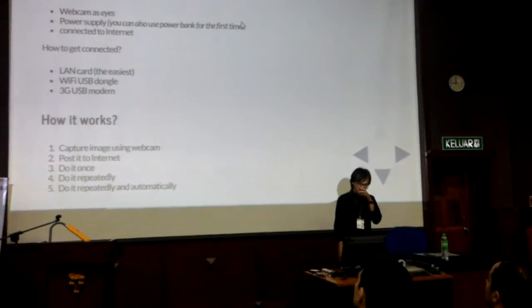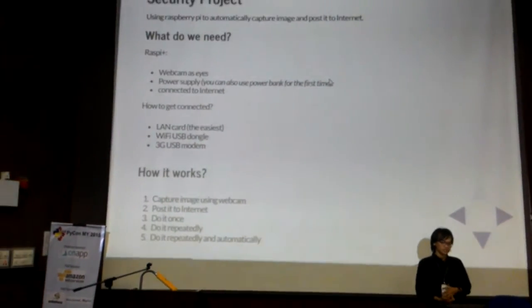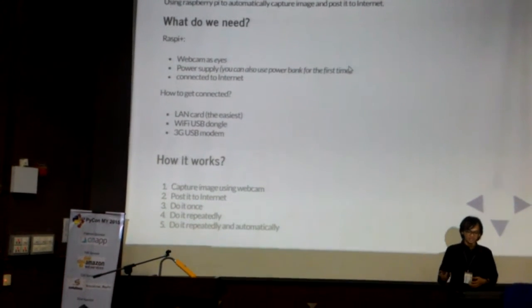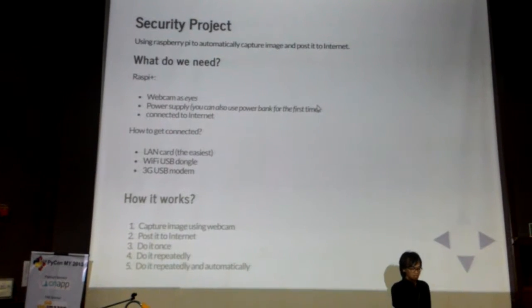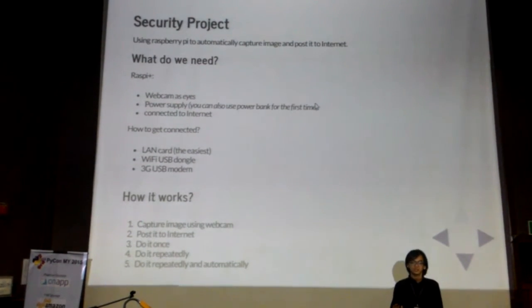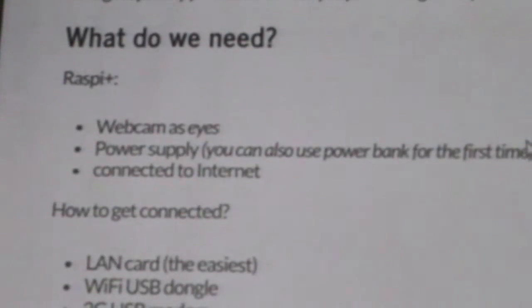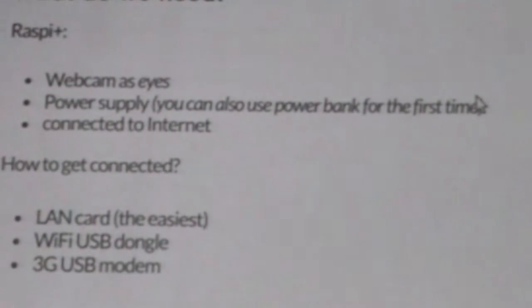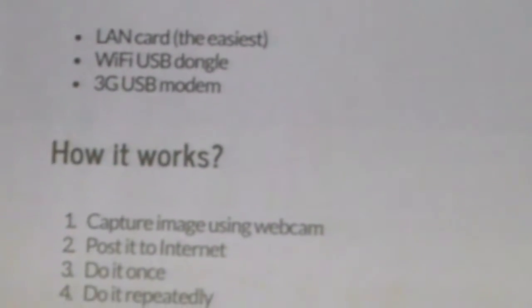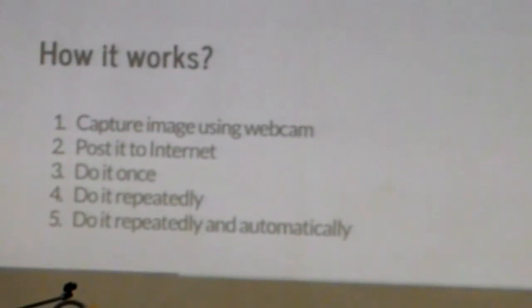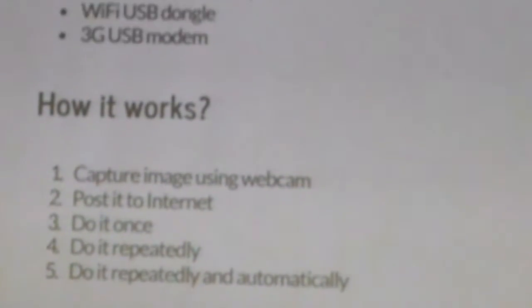So this is the summary. What I need is a Raspberry Pi plus the webcam, and I also need the power supply. You can also use a power bank for a specific period of time, or use a phone charger adapter to power the Raspberry Pi.